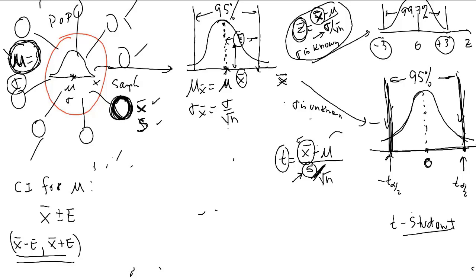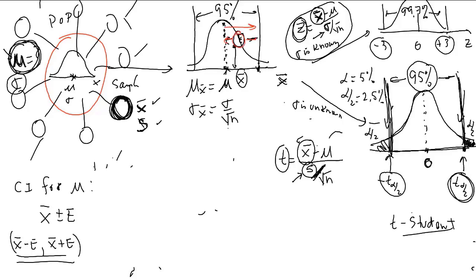Why? Because this area should be alpha half, and this other area should be alpha half. When my confidence level is 95%, alpha should be equal to 5% and alpha half should be equal to 2.5%. We can find this value using a table or using StatCrunch. And I know that the t-score for this sample is exactly this t alpha half, and this distance is my maximum error.